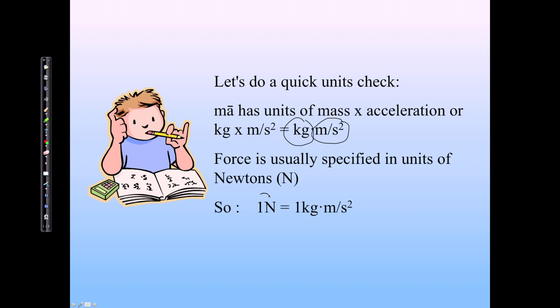We have that a newton equals a kilogram meter per second squared. So what this says is a newton is the force required to accelerate a 1 kilogram mass 1 meter per second squared. That is to say, when this 1 kilogram mass starts, it's going 0 meters per second, and you push it hard enough that after 1 second, it's going 1 meter per second.